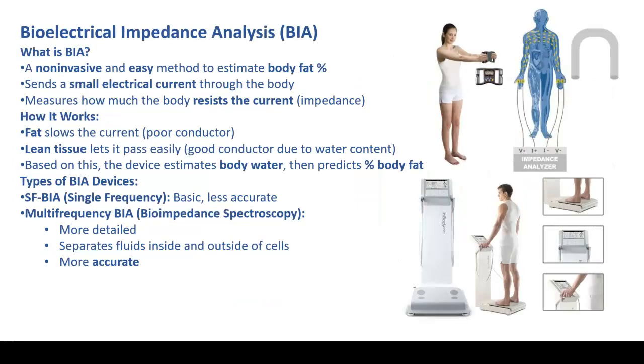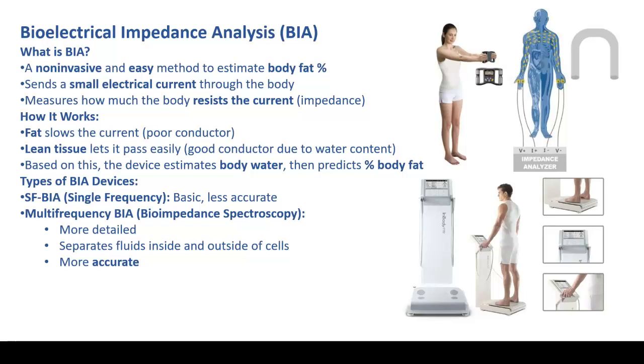Well, we have another method in here, the bioelectrical impedance analysis. It's a simple, painless test that tells you how much of your body is fat and how much is muscle or lean tissue, and it works by sending a tiny electrical current through your body.